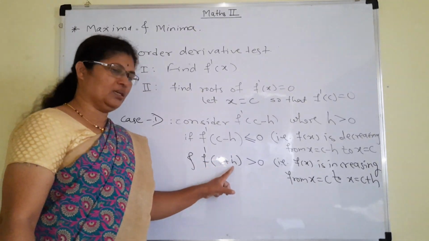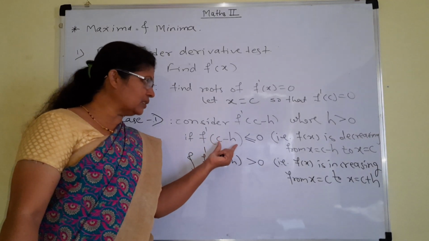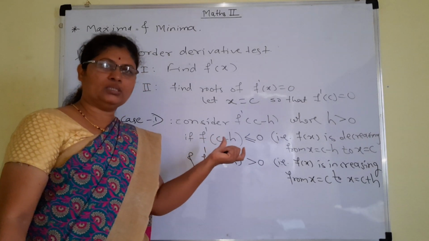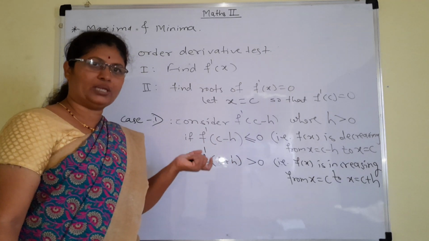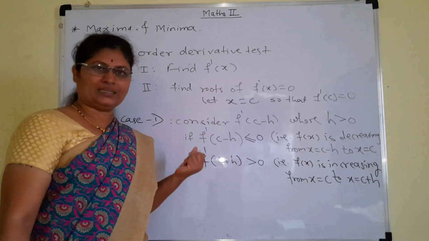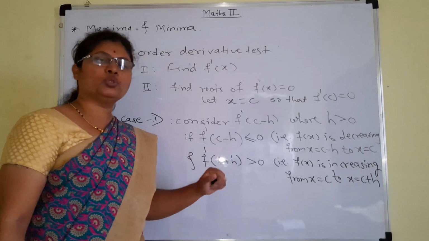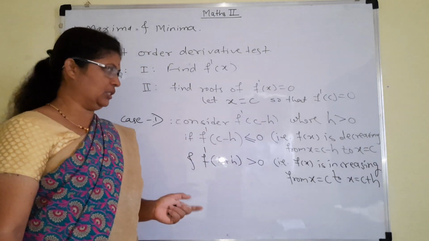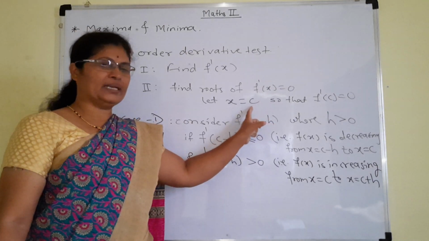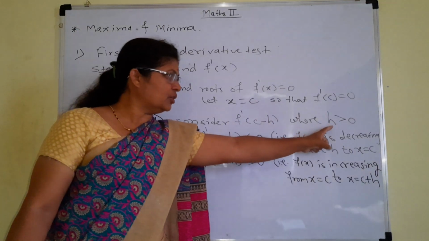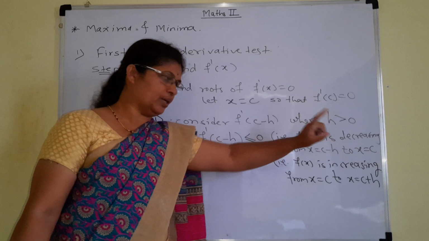c minus h is that point on the x axis which is to the left hand side of x equal to c, and c plus h is that point which is to the right hand side of x equal to c, because our h is a very small but positive number.